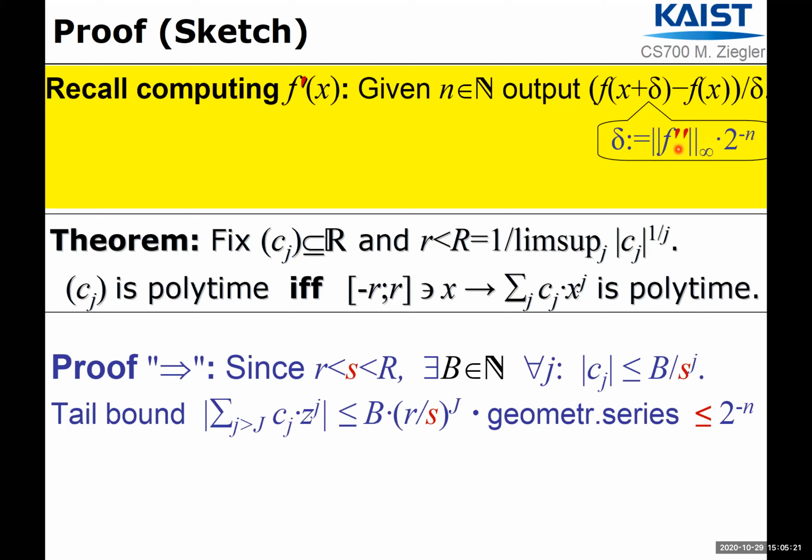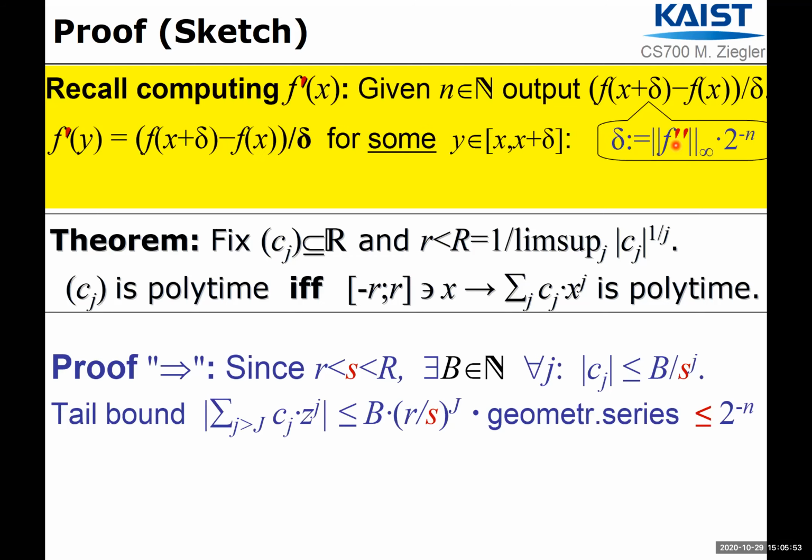Since the second derivative exists and is bounded, that means that the first derivative is Lipschitz continuous, and a Lipschitz constant is that maximum value of the second derivative. So here we can choose delta to be 2 to the minus n divided by the supremum of the second derivative. My bad, there's a typo here, I need to correct it.